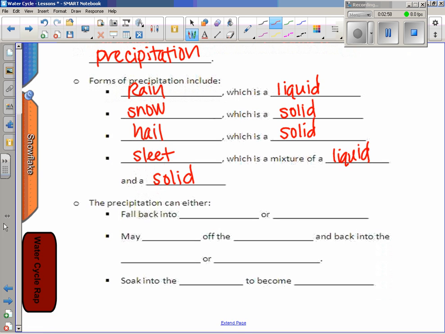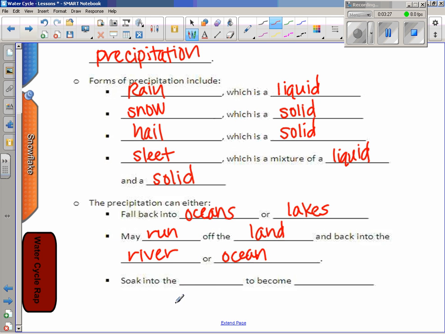Now, precipitation, when it falls, can either fall back into oceans or lakes. And it may run off the land and back into the river or ocean. It may also soak into the soil to become groundwater.